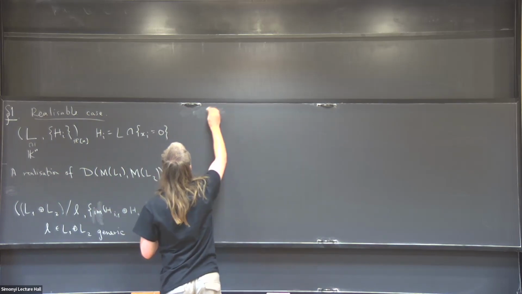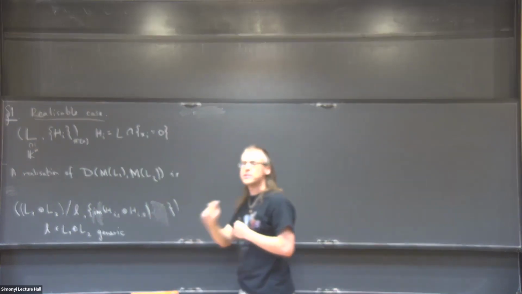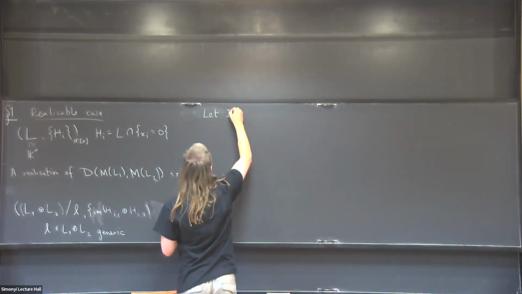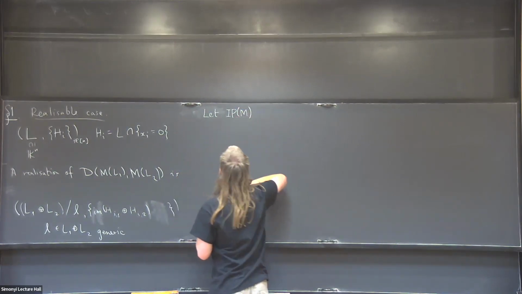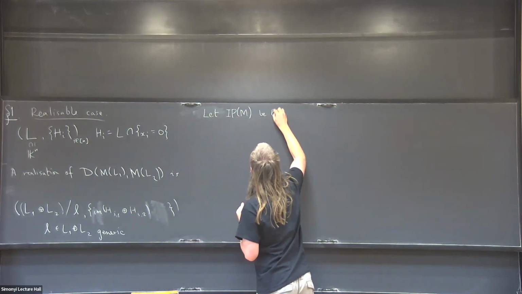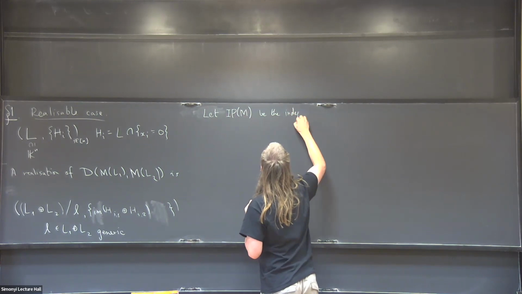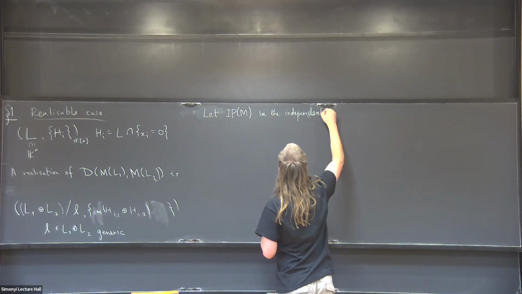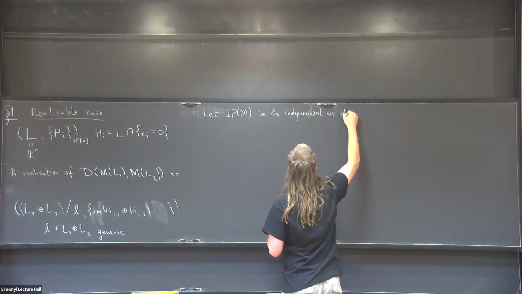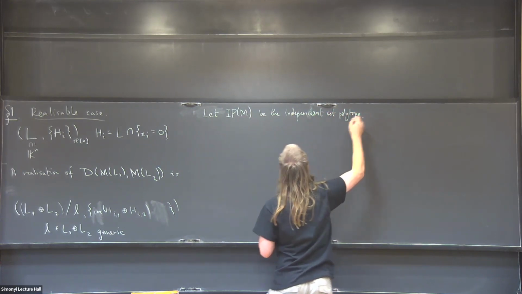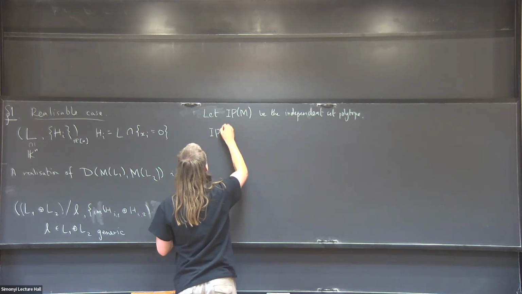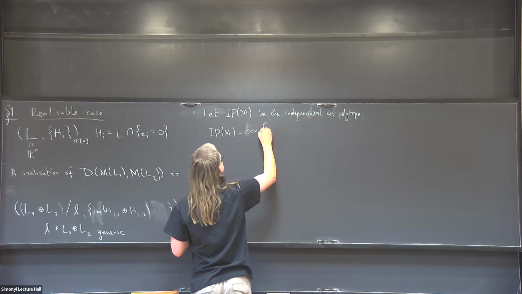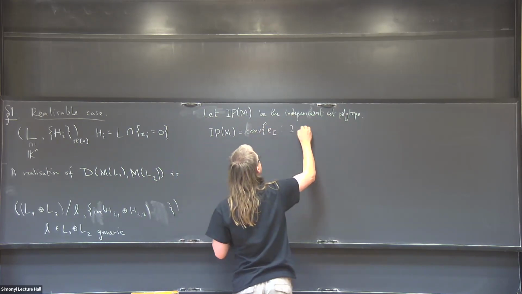I'll define it in terms of the independent sets. Let IP(M) be my notation for the independent set polytope, just the convex hull of the indicator vectors of the independent sets.